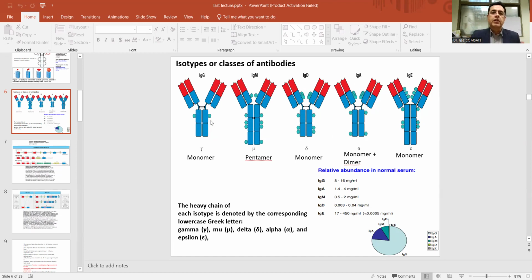And if you look here at other differences in these five different classes of antibodies, these are the sugar moieties attached to the heavy chains. So you can see that there are different numbers of sugars attached to the heavy chains. So the intensity of the glycosylation of the heavy chains in different types of antibodies is also different.